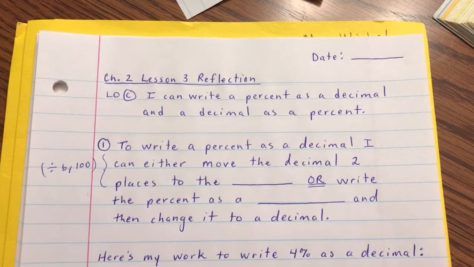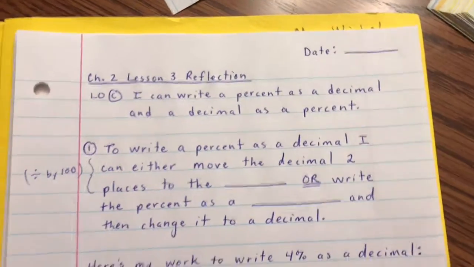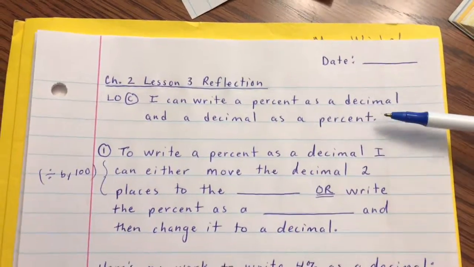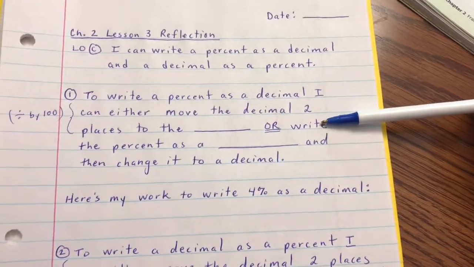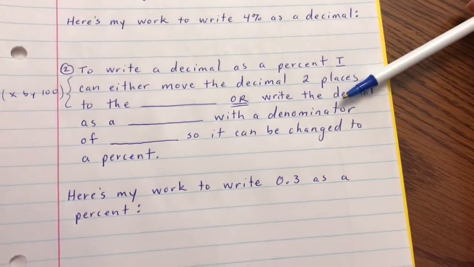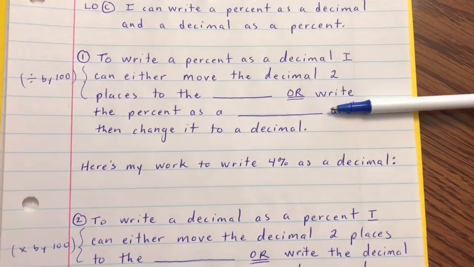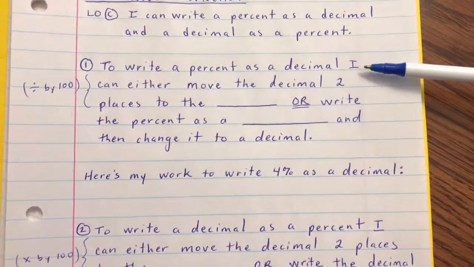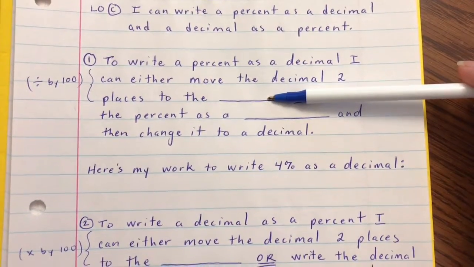Okay, let's take a look at this lesson 3 reflection for Learning Objective C. I can write a percent as a decimal and a decimal as a percent. So number 1 is about writing the percent as a decimal, and number 2 is about writing the decimal as a percent. Fill in the blanks for the 2 methods. So to write a percent as a decimal, I can either move the decimal 2 places to the what?